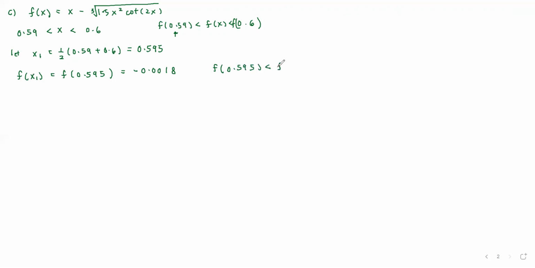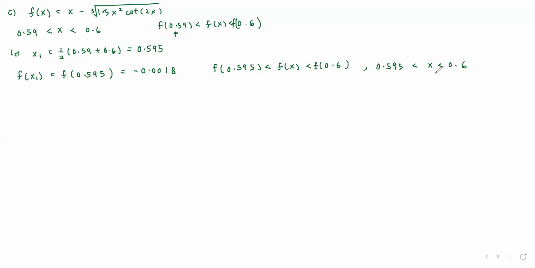We are going to replace this so that f of 0.595 now is less than f(x), and f(x) is less than f of 0.6. Since this is negative, then we say that the root is 0.595 less than x less than 0.6. To three significant figures, they are not the same.